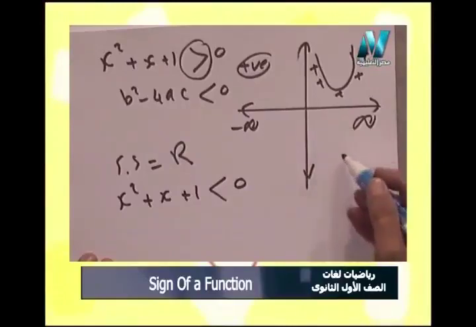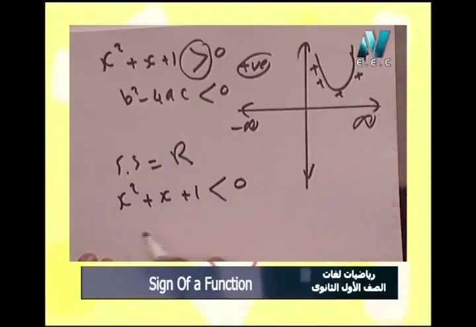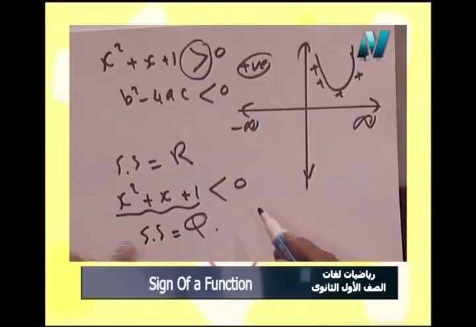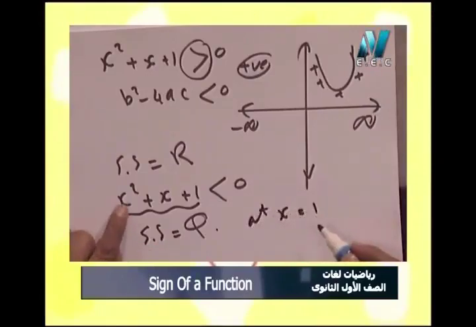Where is it negative in this function? No parts, no points. So the solution set here will be phi, because this function never equals a negative number. If we test it with any number, say x equal 1, then 1 power 2 plus 1 plus 1 equals 3.